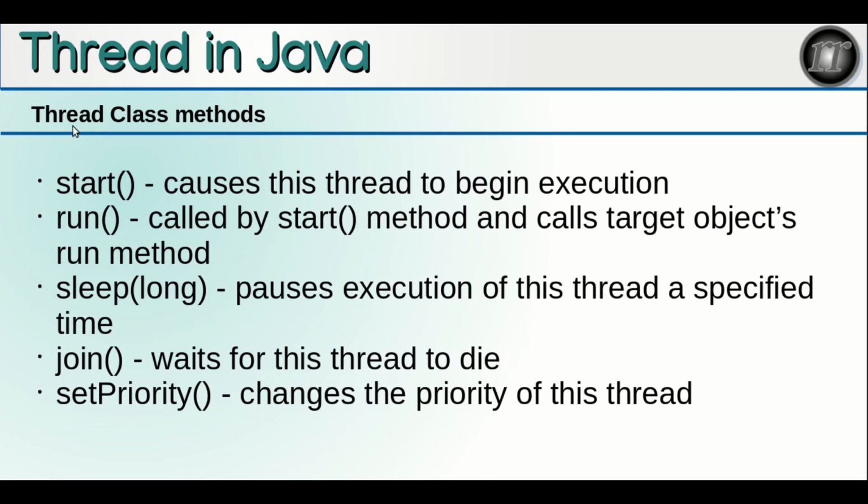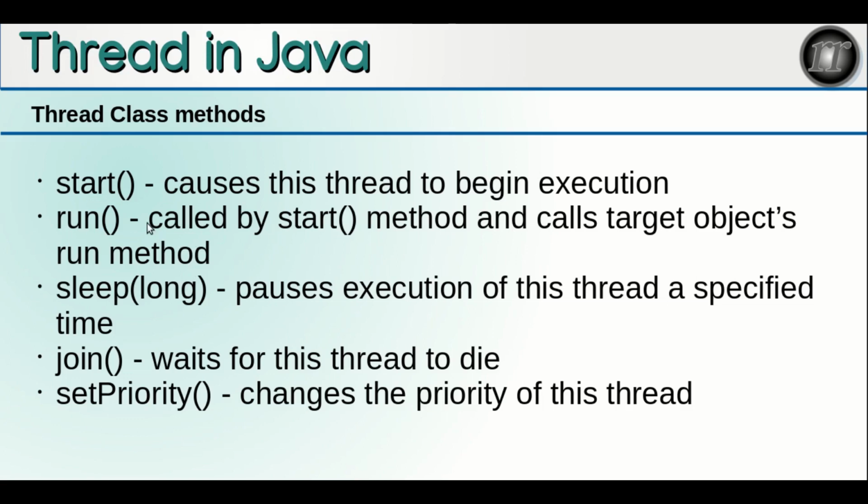There are some important methods of the Thread class. Start method first: it causes this thread to begin execution, and the run method is called by the start method itself. When you call the start method, run will be called internally, and it calls the target object's run method.